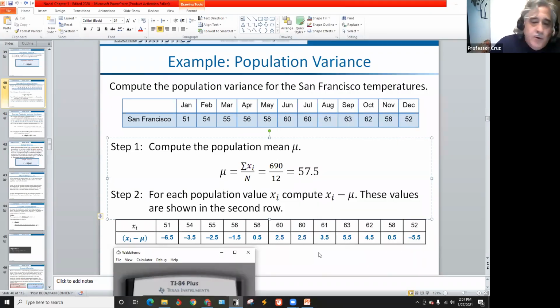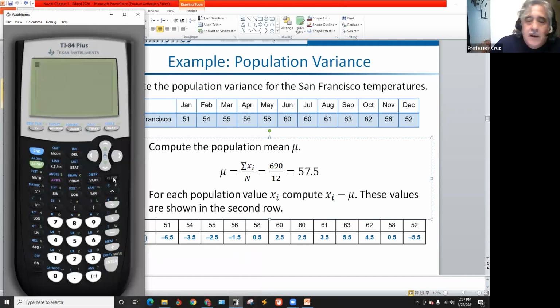All right. So that's how those all come about. Notice that some of them are negative and some of them are positive. That's perfectly normal. And you know what's going to happen? This is a checkpoint for you, because if you did the calculation of the mean correctly and you did all these subtractions correctly, watch what happens. I'm going to add up all the negative values.